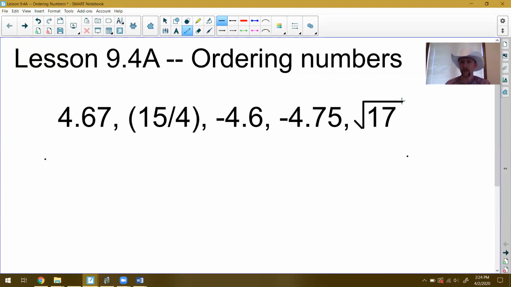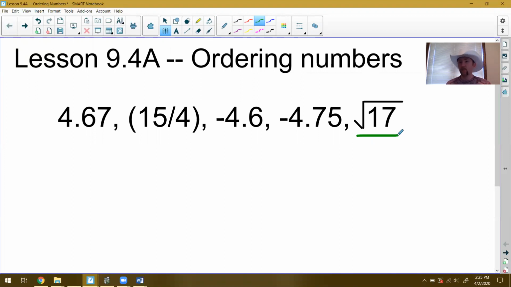Okay, so we've done some of this previously in terms of ordering numbers, but this last one is really what's new for us now, okay? This guy right here, this square root of 17. So in order to order these numbers, we are going to change all of them to be decimal versions, okay?